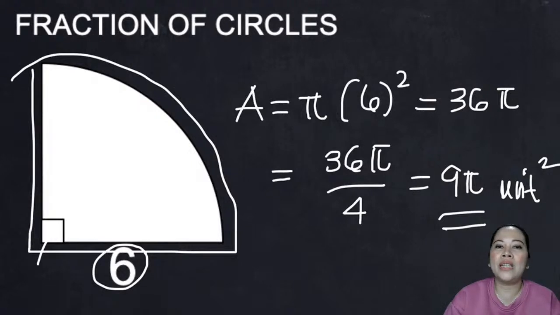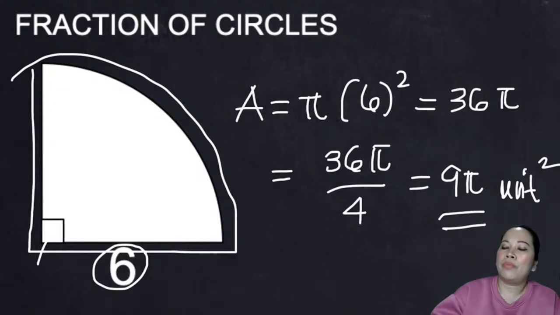We don't use the term circumference to find the total length around this fraction of your circle, because it's not a full circle and you have 2 straight edges.